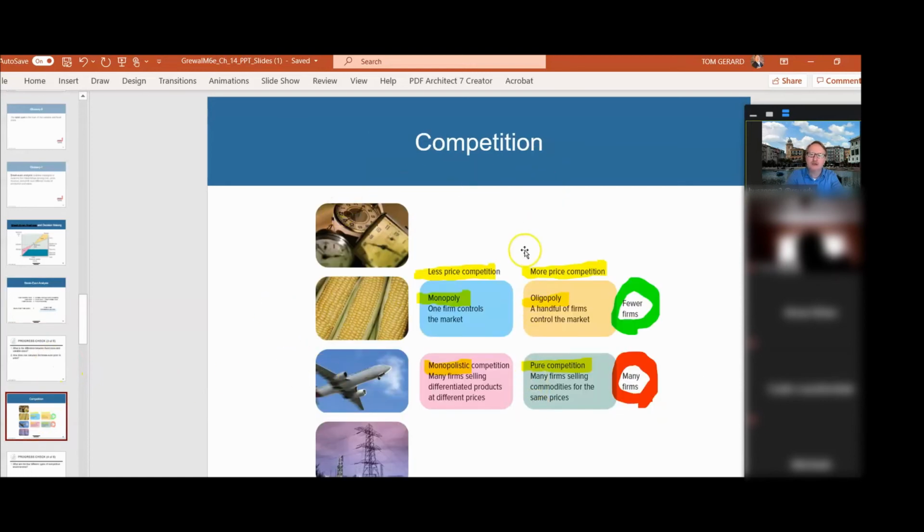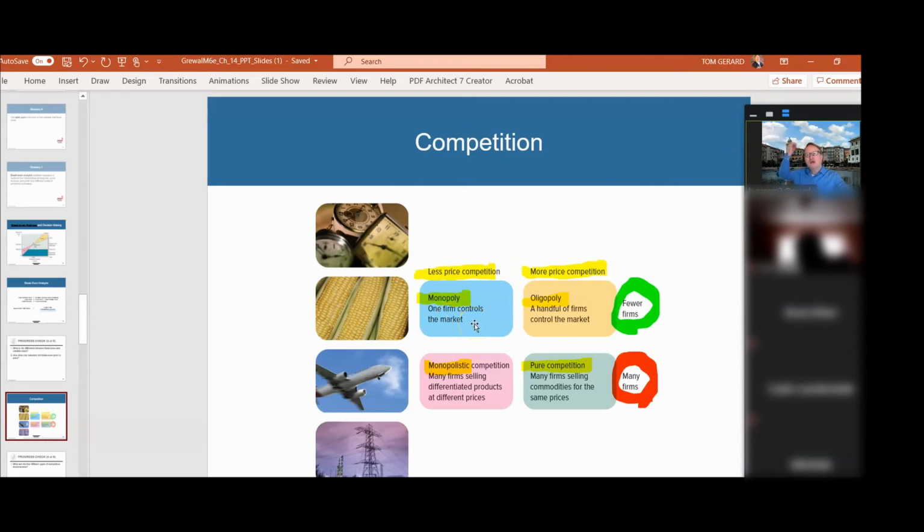So competition, now this is crazy because now we're back here to economics. Monopoly, oligopoly, monopolistic competition, and pure competition. These are all economics. And it's divided by less price competition. In other words, if you're a monopoly, you control the market.